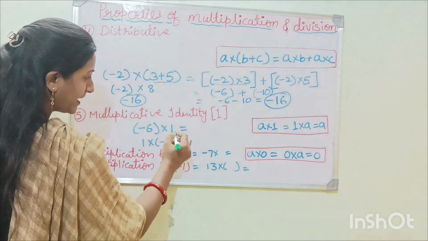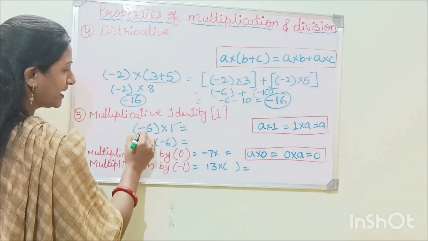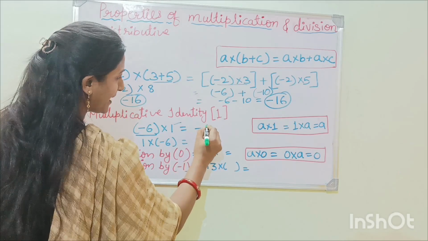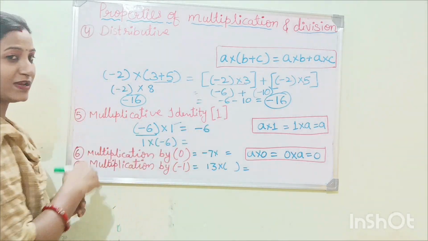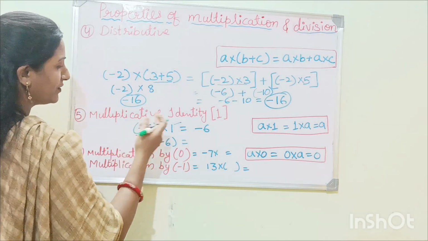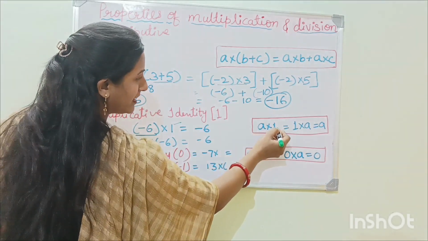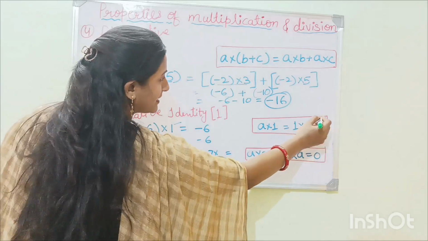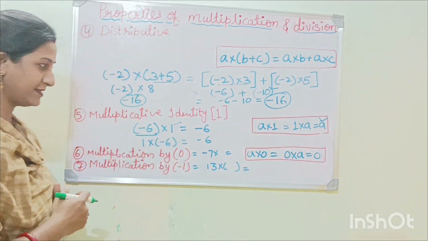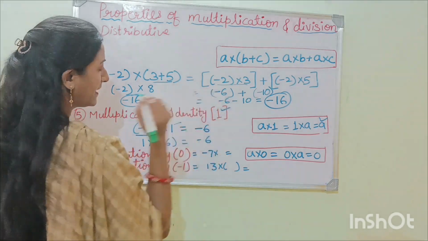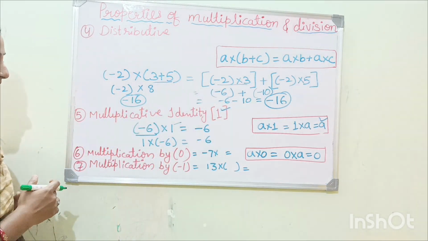So 1 is multiplicative identity here and multiplied by minus 6, the product is minus 6. And when we are changing the order, 1 into minus 6, you are getting same answer. That is a into 1 equals to 1 into a, that is a, means same answer. So multiplicative identity is what? 1.